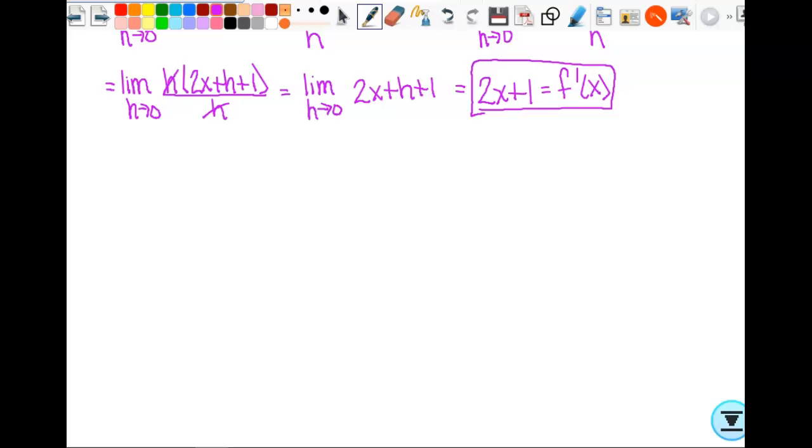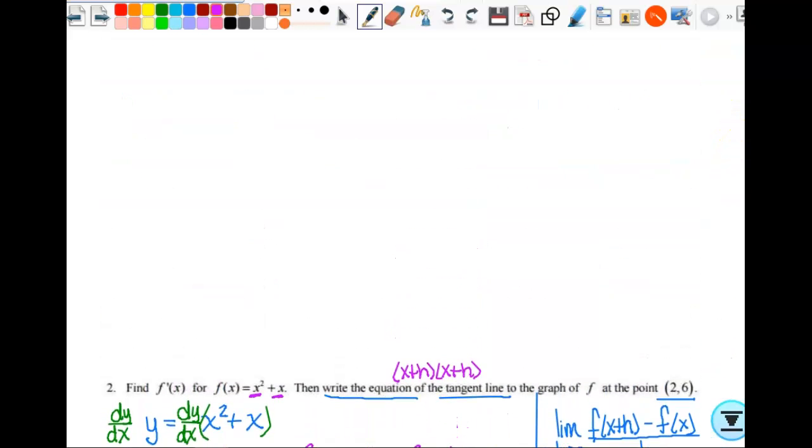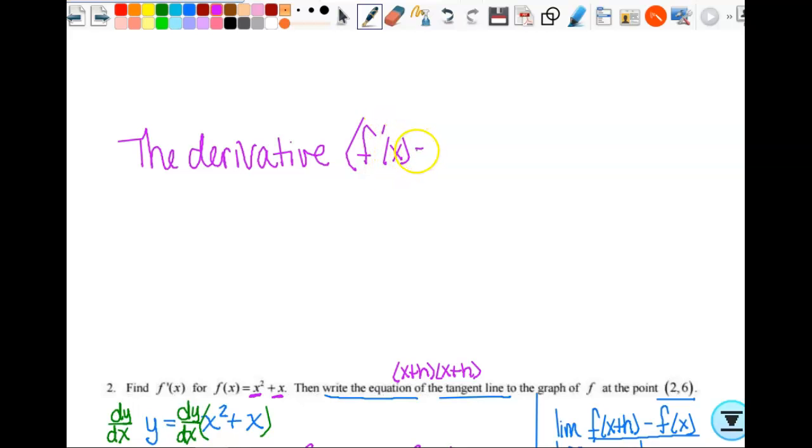Okay, but the whole reason that we're finding this, and so on this one where we skipped this, here's where I want you to write. The derivative, which is f prime of x, which is the same as y prime, is the slope of the tangent line.